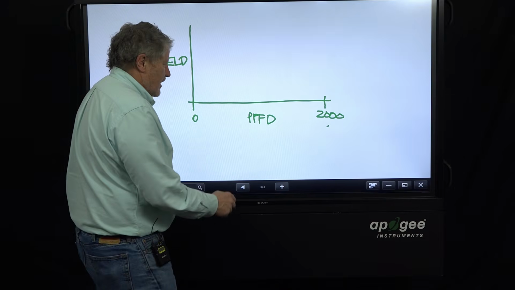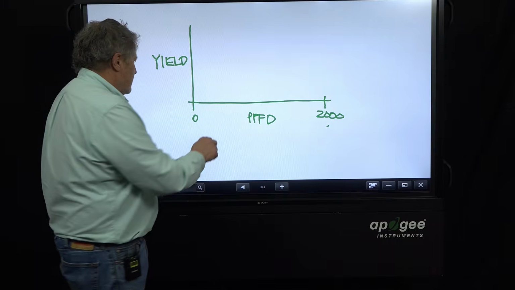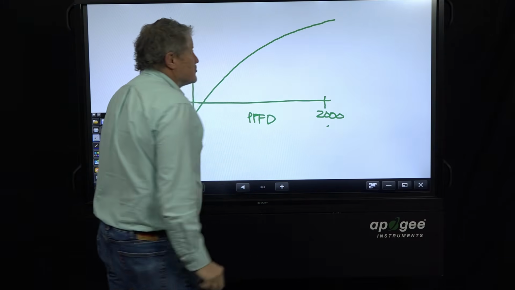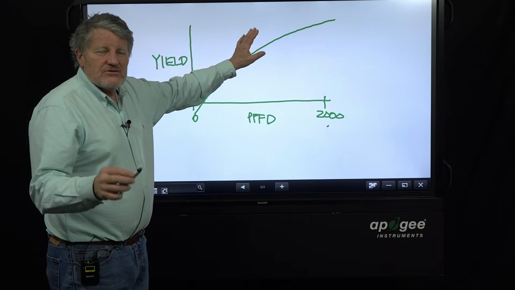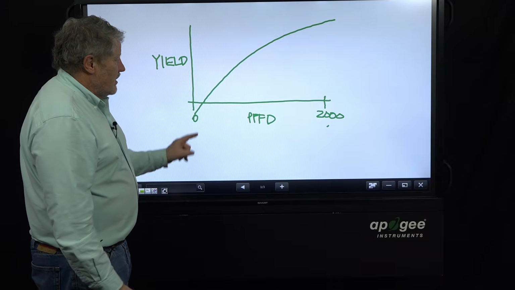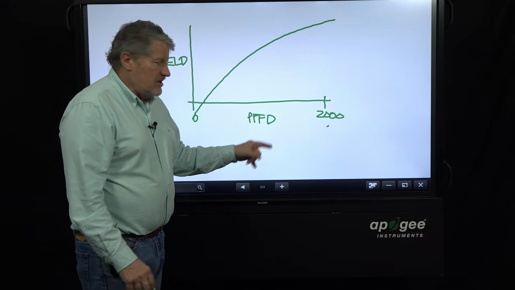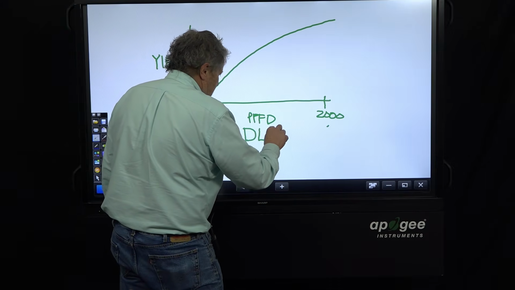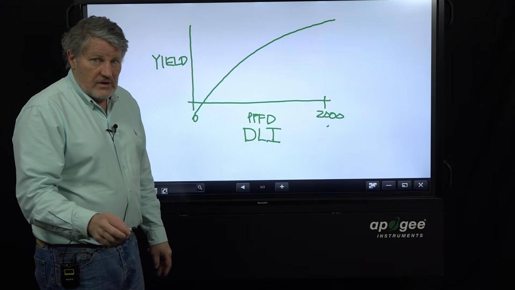What's really key about this is not the instantaneous light. We're going to put our graph on here again. Something like this. The exact shape varies with different cultivars, but it doesn't vary very much. It turns out it's not exactly the PPFD, it is the DLI, daily light integral.